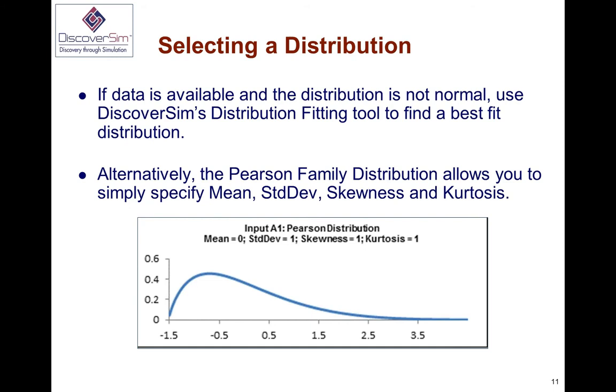Another choice, if you have non-normal data, is the Pearson family distribution where you plug in the mean, the standard deviation, skewness, and kurtosis. Also, you can do distribution fitting, and we're actually going to show distribution fitting in one of the examples.